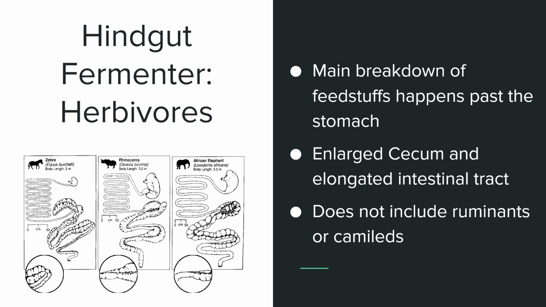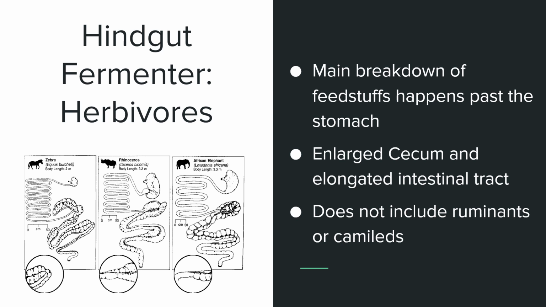The main breakdown of feedstuff for hindgut fermenters, when we talk about our hoofstock and our horses and our rabbits and rodents, the fermentation and breakdown process happens primarily outside of the stomach, or posterior to the stomach. And this is where that cecum comes into play.